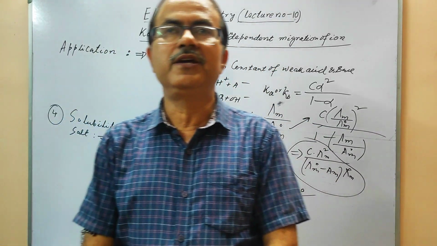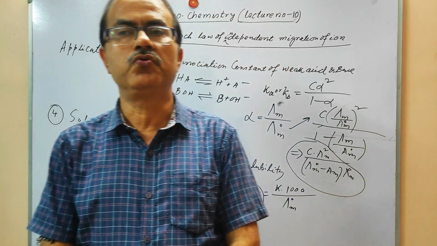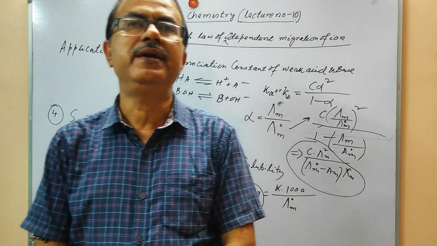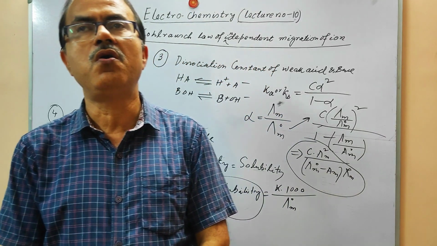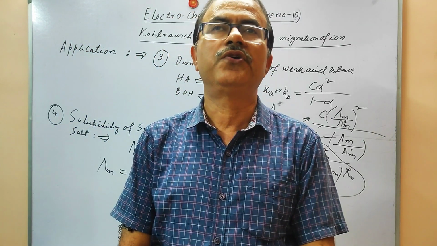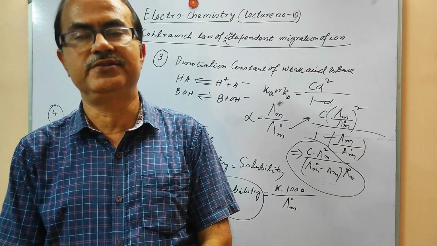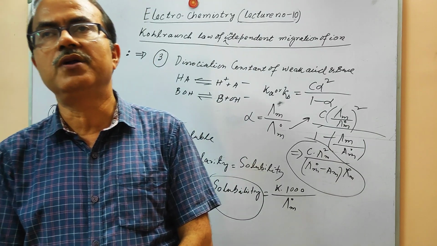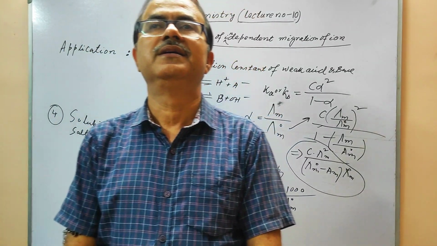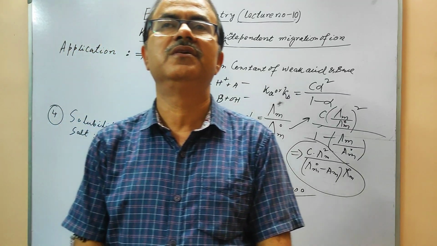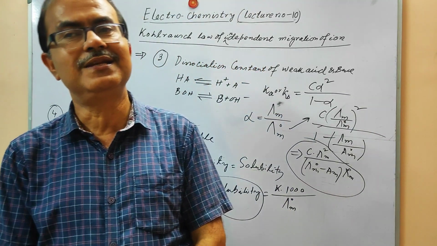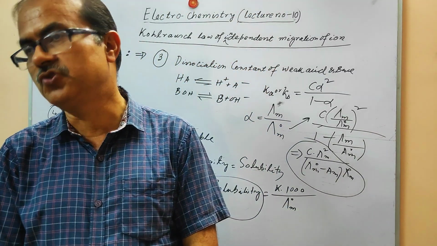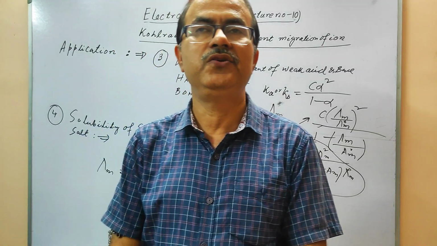In this lecture number 10 we have discussed the Kohlrausch law of independent migration of ions, how he initiated this law, and how this law is helpful for different applications: determining the molar conductivity of weak electrolytes at infinite dilution, second, the degree of dissociation and dissociation constant of weak acid and weak base, and also the solubility product for sparingly soluble salt.